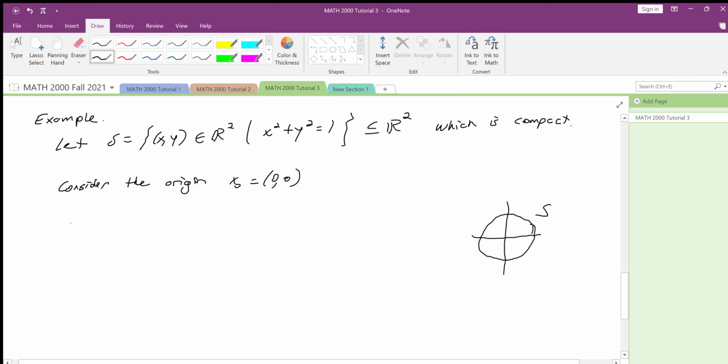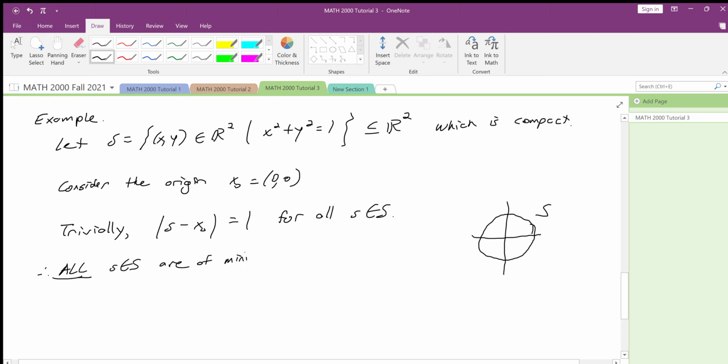So trivially, in this example, the norm of s minus x naught will be equal to 1 for all s inside S. So therefore, all s inside S are of minimum distance to the origin x naught.